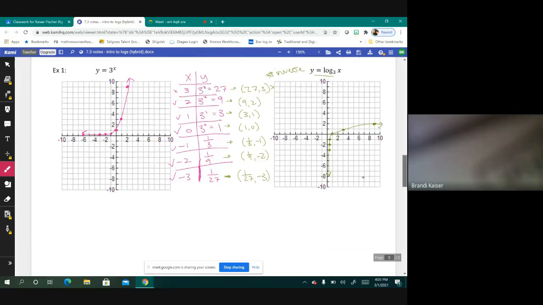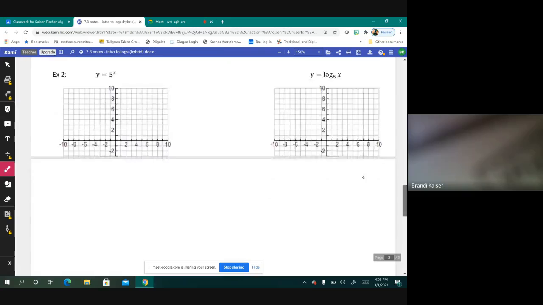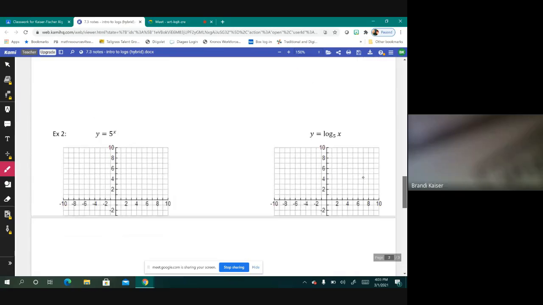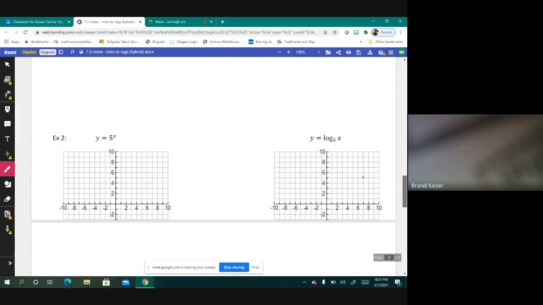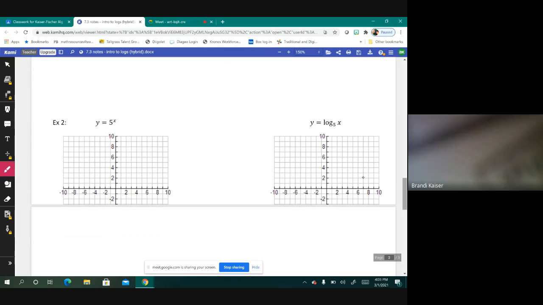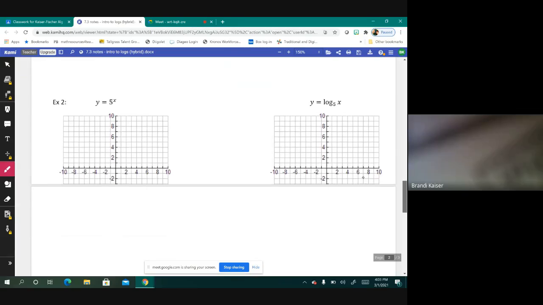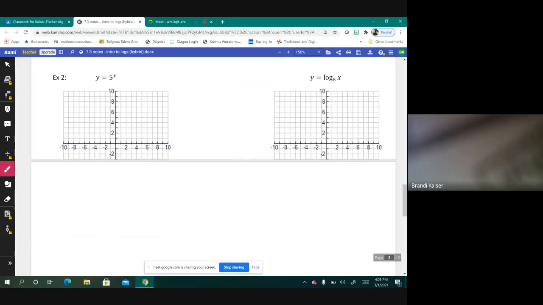One more of these we're going to practice with, and then we'll be done. Unfortunately, it looks like these grids kind of went off, but I don't need too much of this, so let's go ahead and set these up.